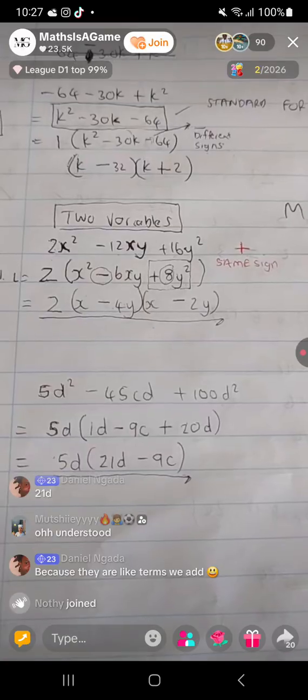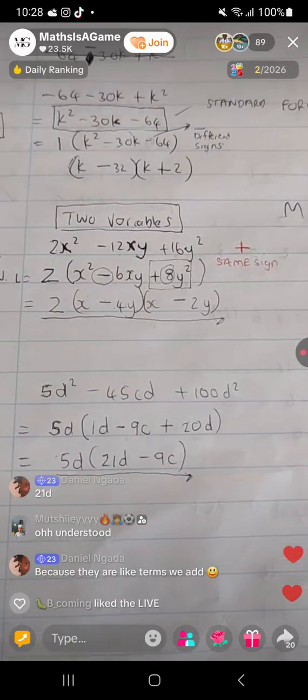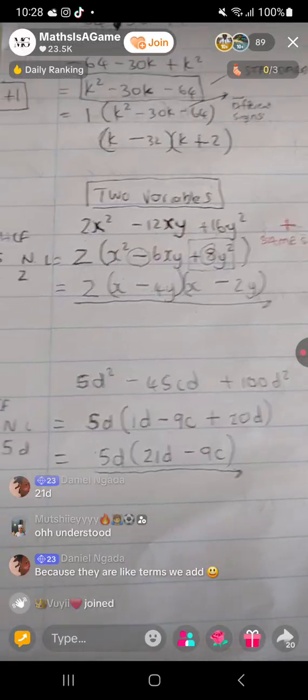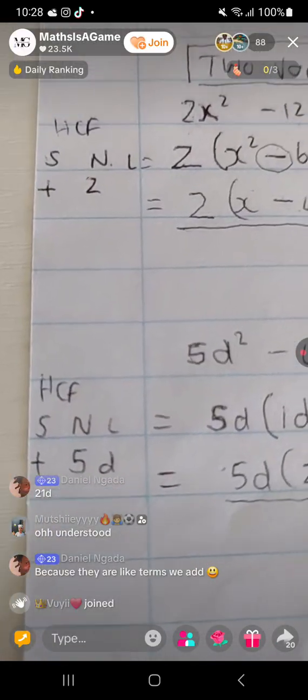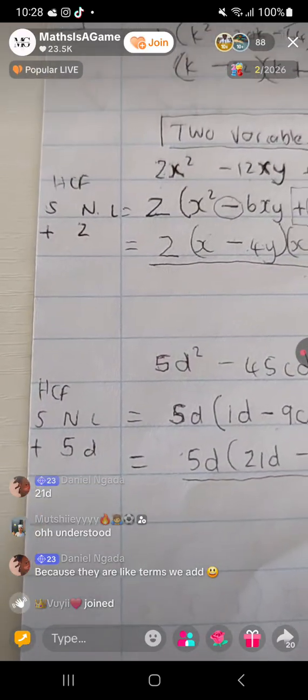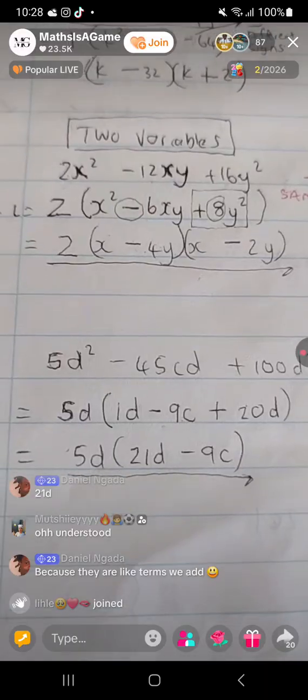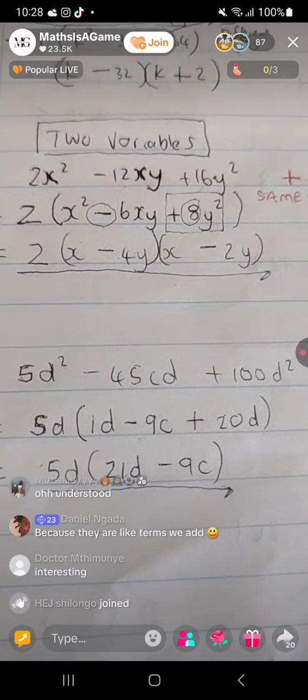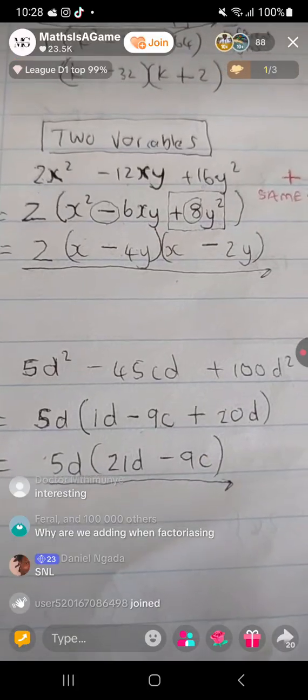Then two, you need to establish if there is a highest common factor. And you do that according to what? The sign, the number, the letter. And then you take out that highest common factor, and then you work accordingly.